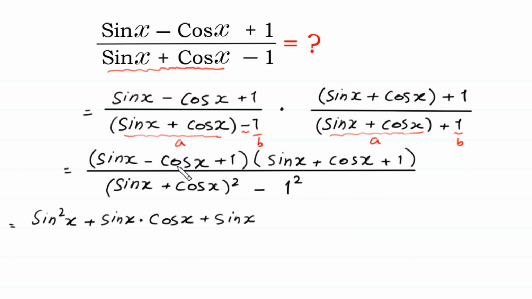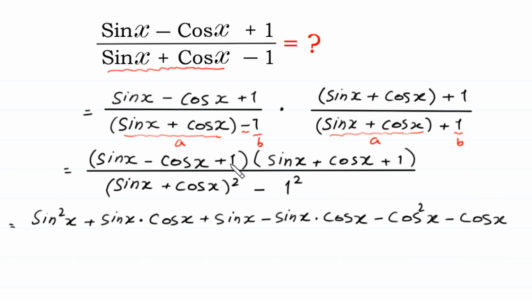Now this negative cos of x times this sin of x minus sin of x times cos of x, and this negative cos of x times this positive cos of x minus cos square x, and this negative cos of x times this plus 1 minus cos of x.